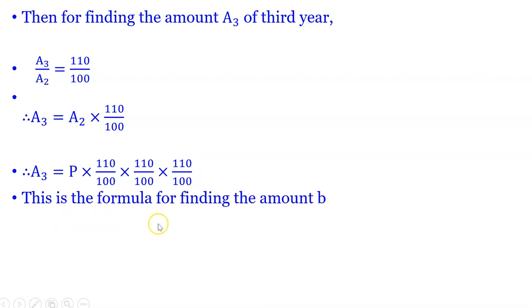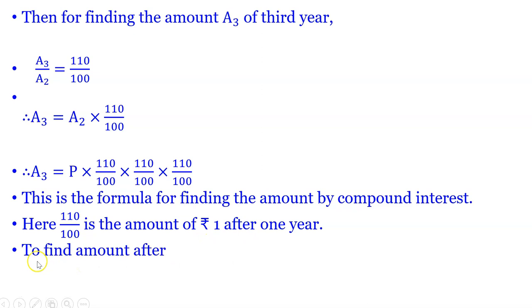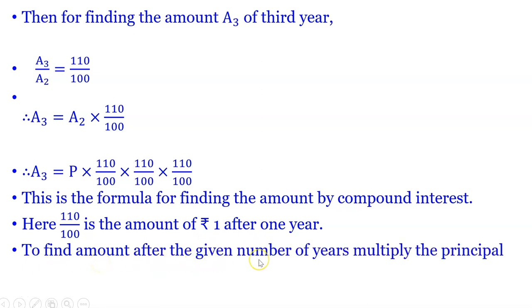This is the formula for finding the amount by compound interest. Here 110 upon 100 is the amount of rupees 1 after 1 year. To find the amount after the given number of years, multiply the principal by this ratio that many times.